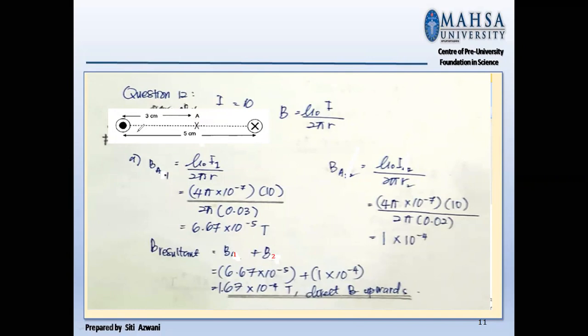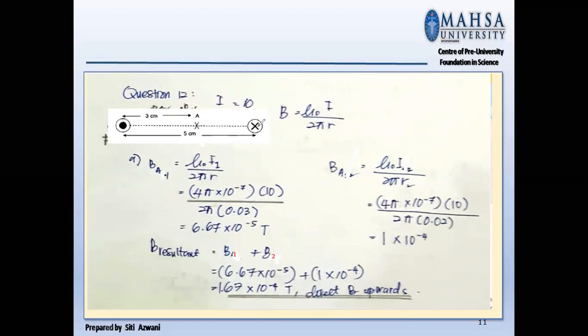Let's say view from the top. Here you have a current out of the page, and a current here into the page. So the current between the two wires is in opposite direction.